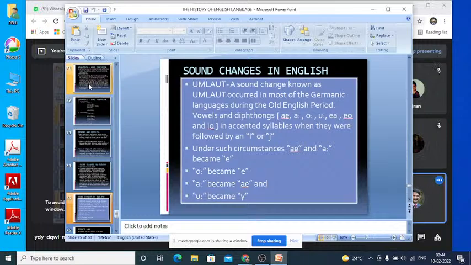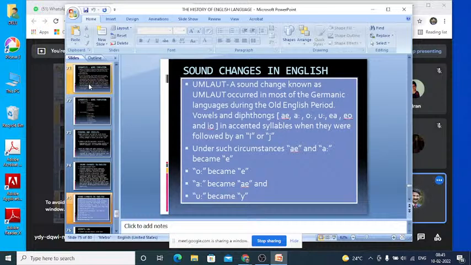I'll give you a short introduction which would help you to understand umlaut. The very word umlaut has a meaning, and the meaning of the word is different vowel quality.